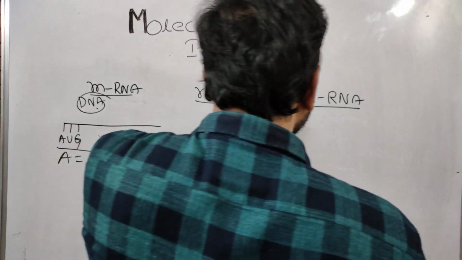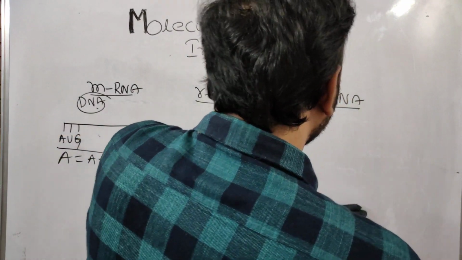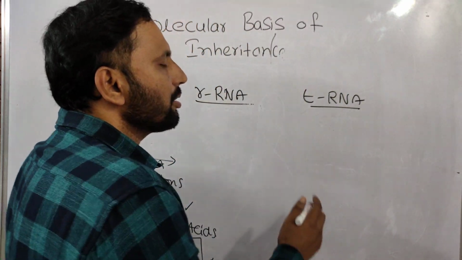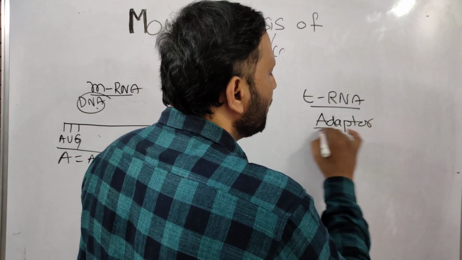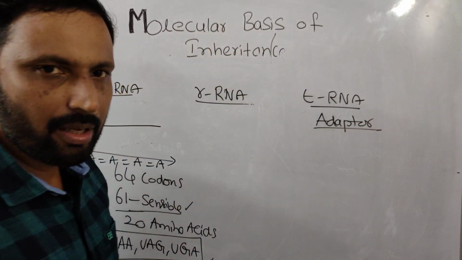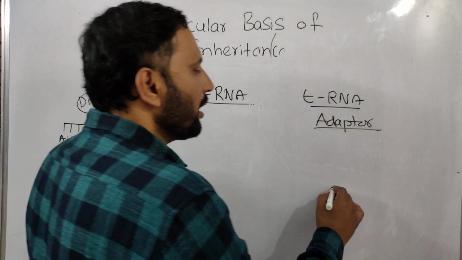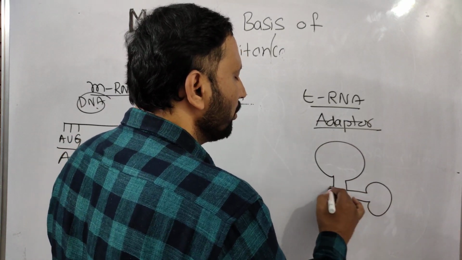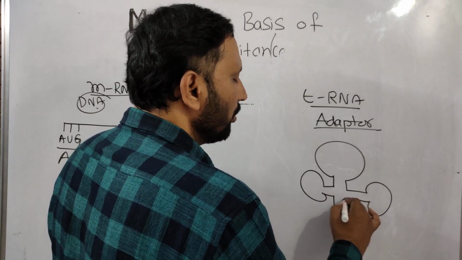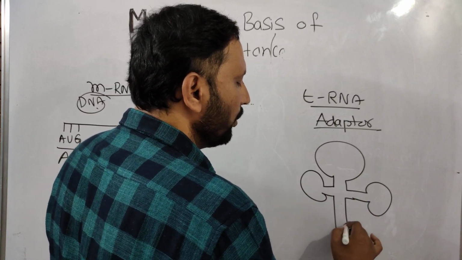Then when you go to tRNA, it is the smallest RNA. This is also called soluble RNA or adapter RNA. It is the smallest RNA. This tRNA clover leaf model was proposed by Holley.